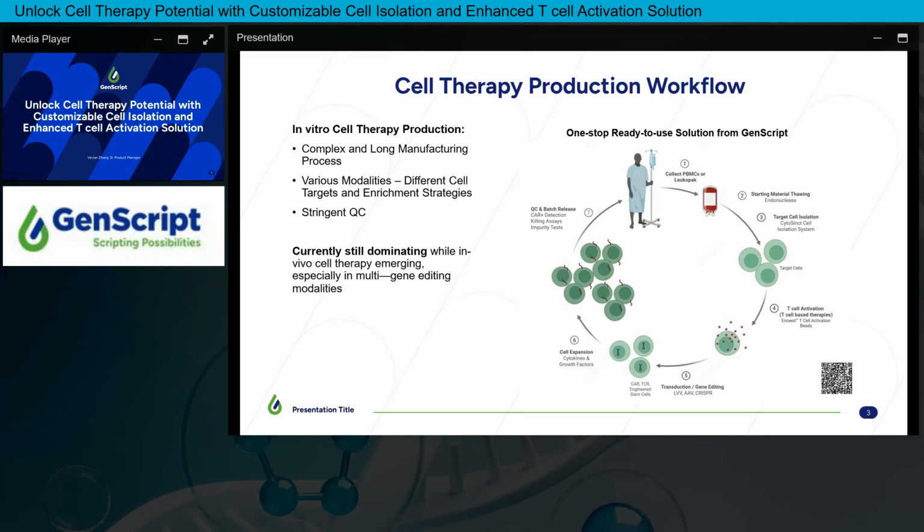As you can see, the production workflow for the cell therapy is quite a long and complex process using many different types of raw materials and instruments, bioreactors.